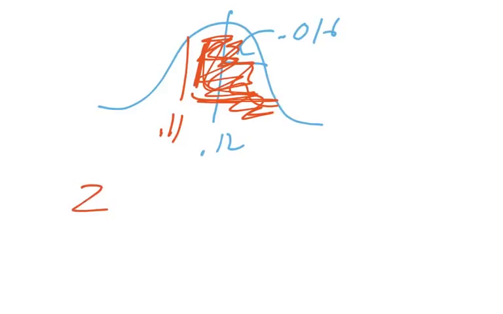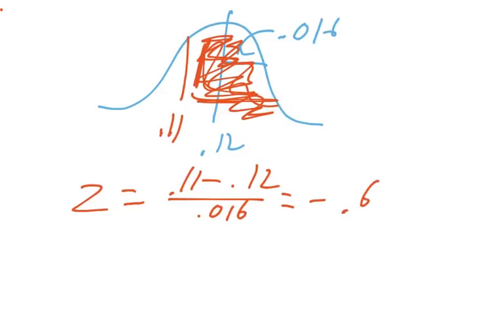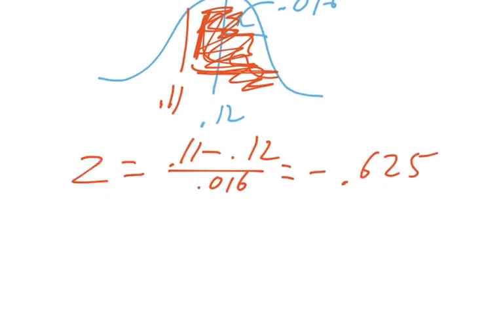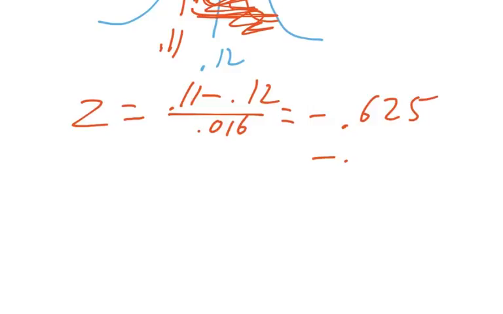So first we're going to find the z-score. 0.11 minus 0.12 divided by 0.016, and we get negative 0.625, which I'm going to round to negative 0.63 so that everyone gets the same answer.